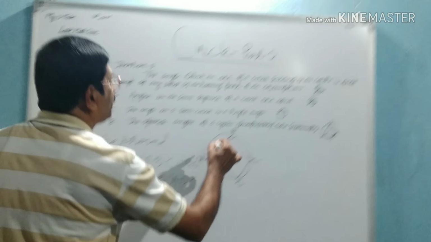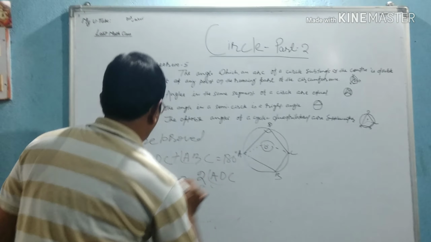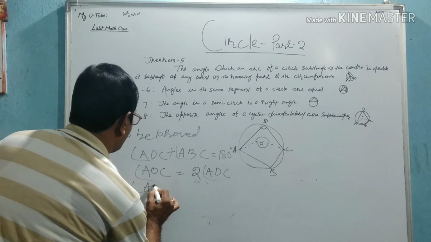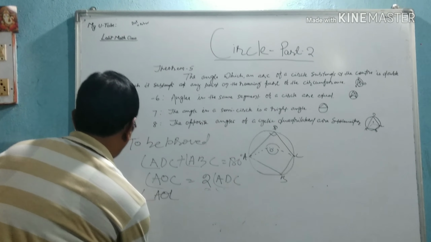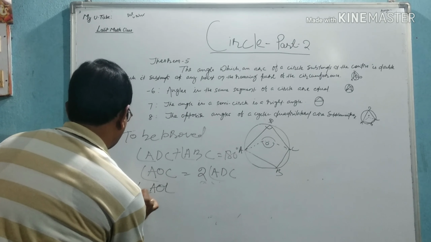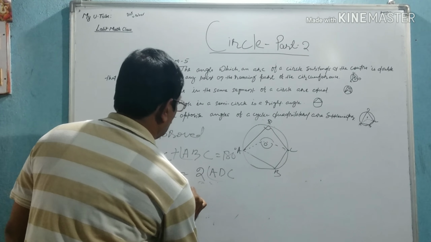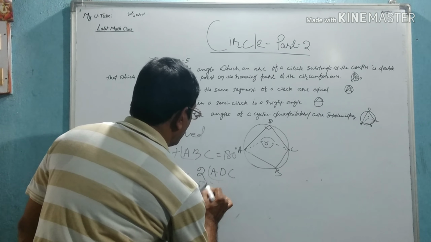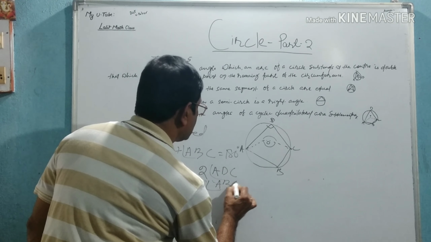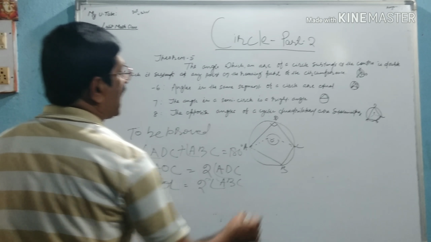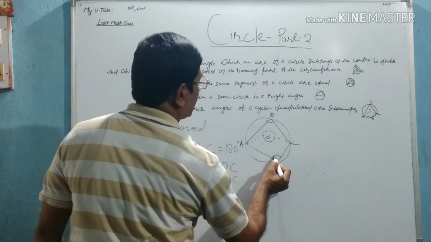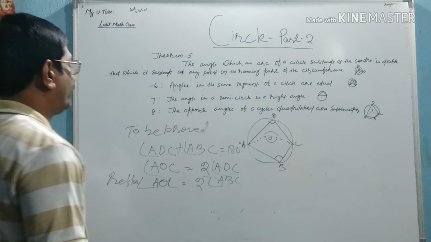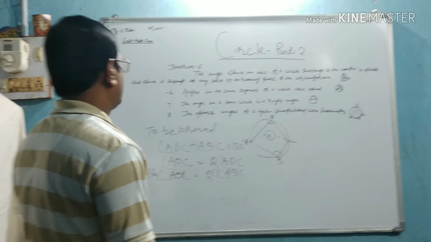In a similar way, AOC reflex equals 2ABC, because that is also a center angle and this angle is also at the remaining part of the circumference. So this equals this one.